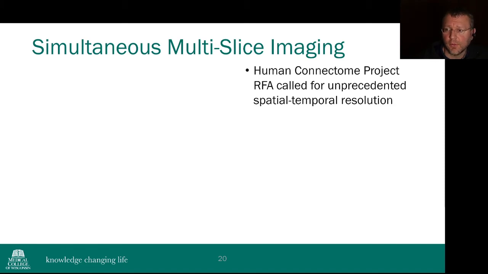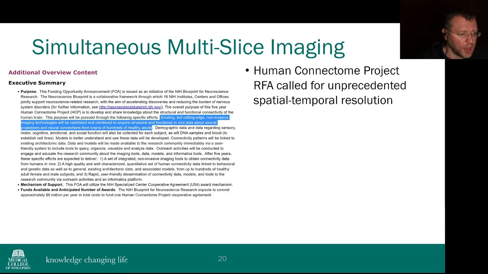In about 2010, 2011, they put out this huge request for applications that was looking for existing but cutting-edge non-invasive imaging technologies to be optimized and combined to acquire structural and functional in vivo data about axonal projections and neural connections in the brain across hundreds of healthy adults.